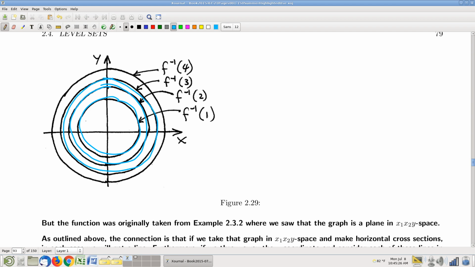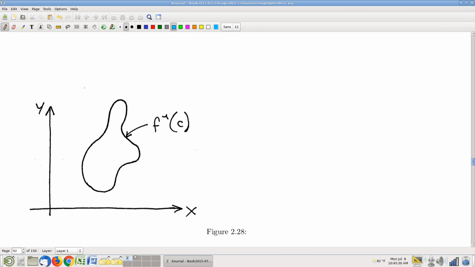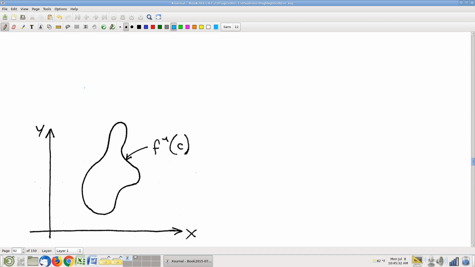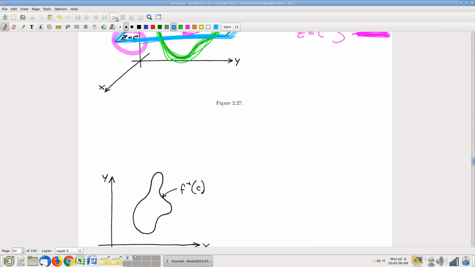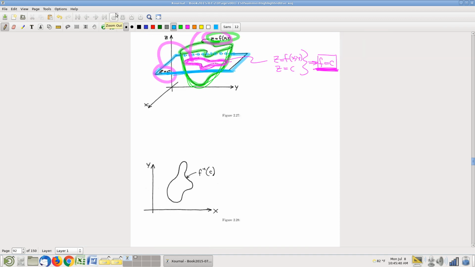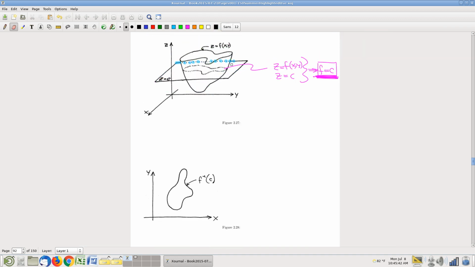Everybody on board? Okay. And then one little quibble, and then we'll call it a day. A little quibble. Technically, the cross section of the graph is a curve that sits up inside of space in R3.